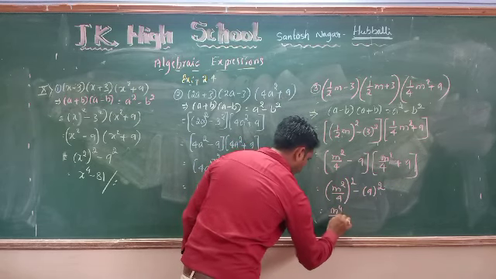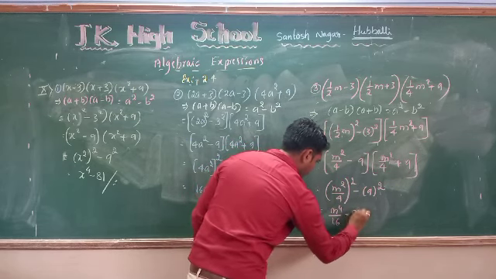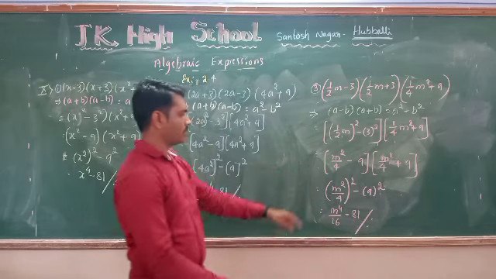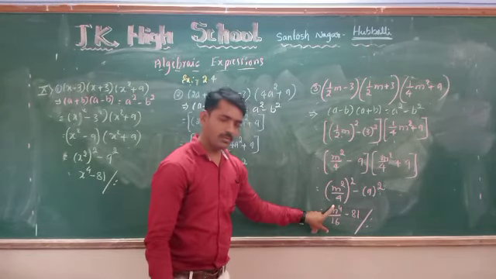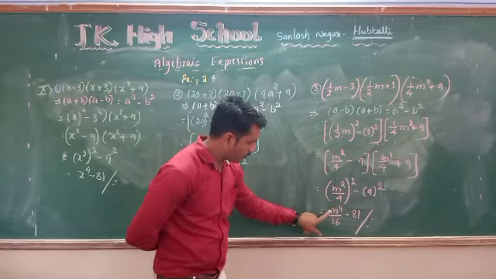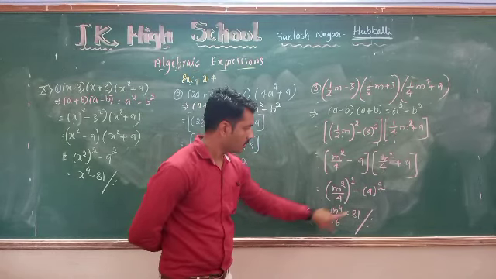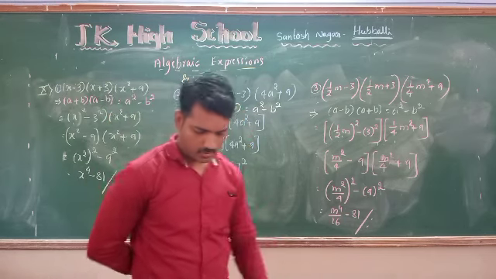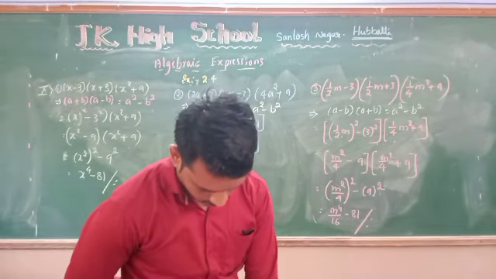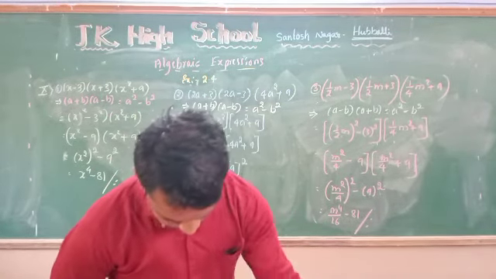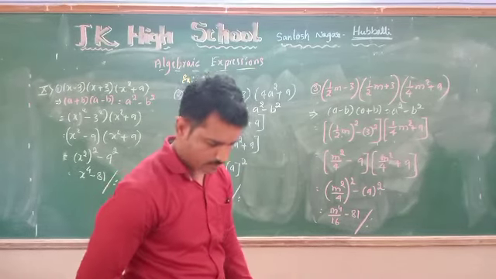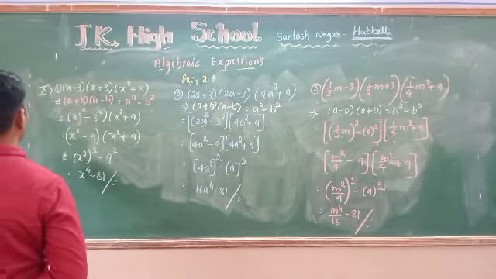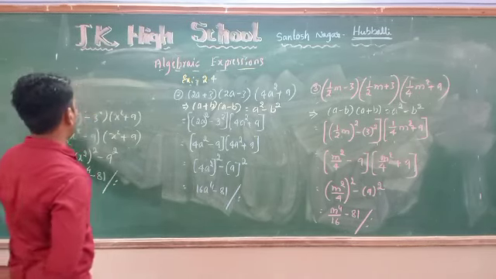M to the power 4 by 16 minus 81. 2 2s are 4, so m to the power 4, 4 4s are 16, 9 square is what? 81. This is clear. So the last question is, yes. So no question is there. I'll finish this first one and we'll solve question number 4.